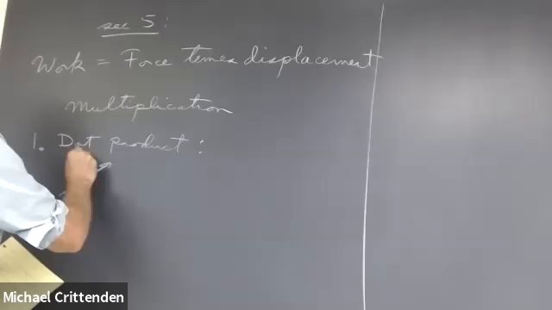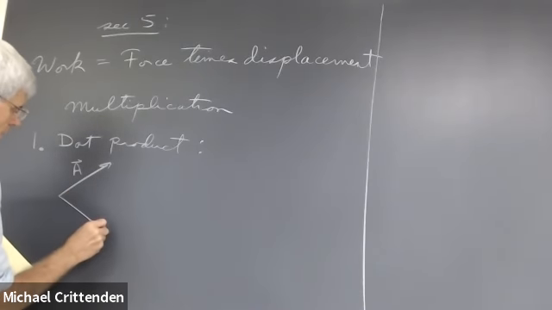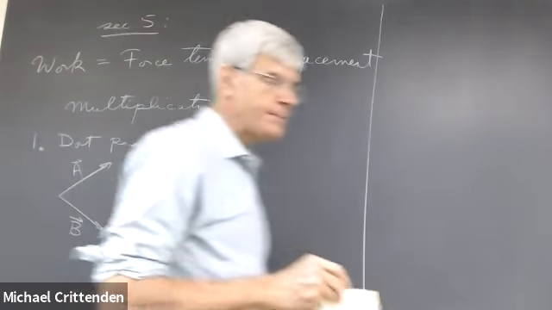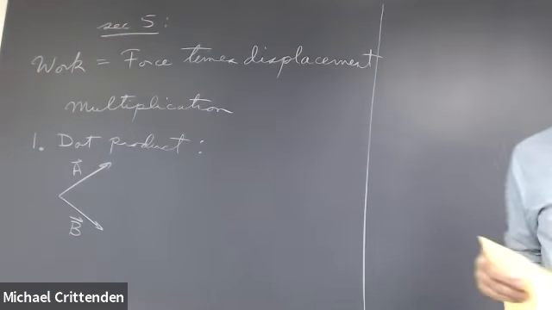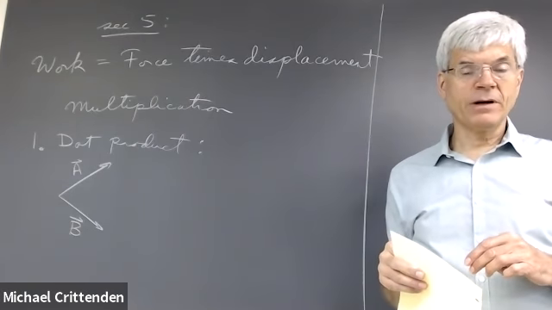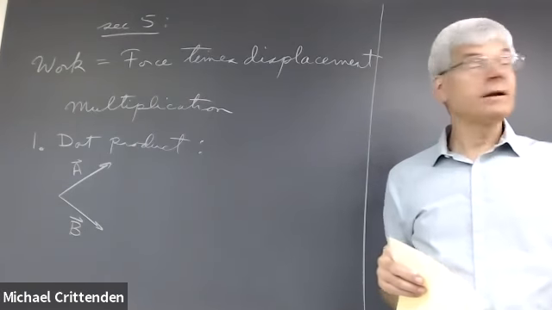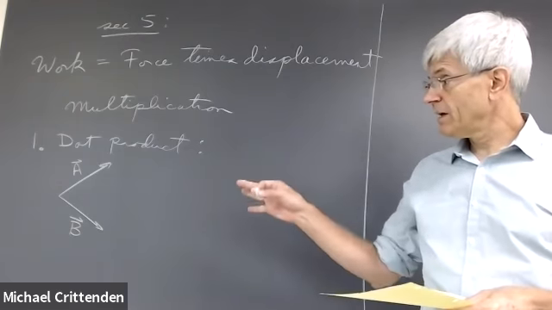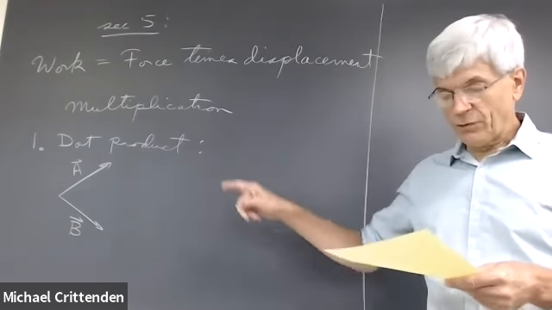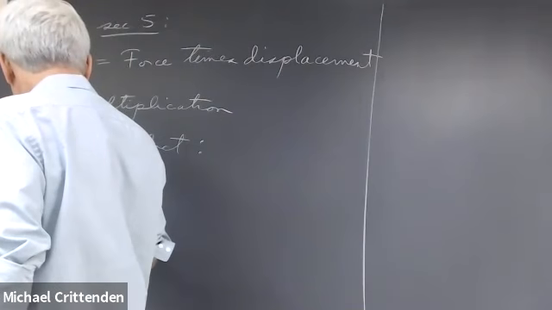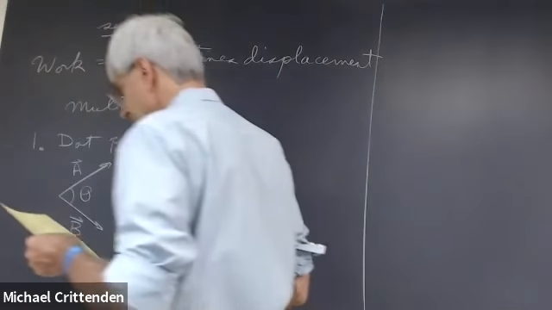Let's say that's vector A, and let's say that's vector B. And vectors once again have this parallel displacement property, which means I can slide them around the page anywhere I want to put them. Well, this time I want to put them together with their tails together like that, so that they form an angle theta.